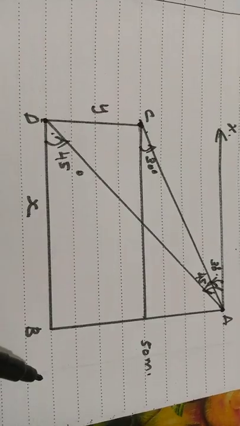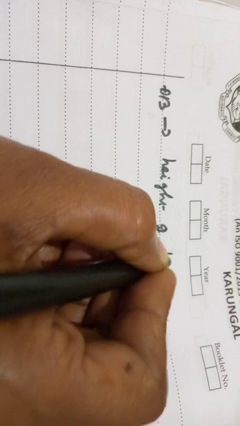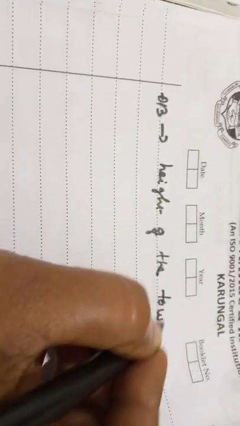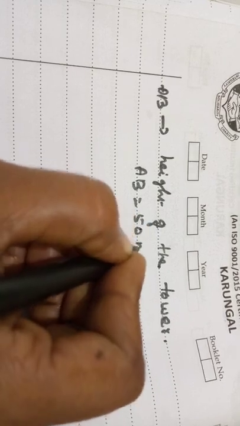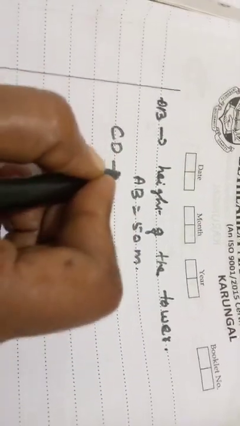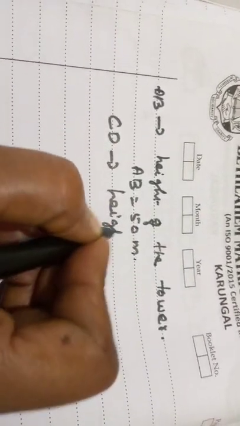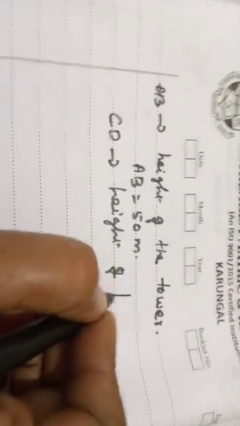Let's write AB, height of the tower, that is AB equal to given 50 meter. CD, let's take height of the tree.